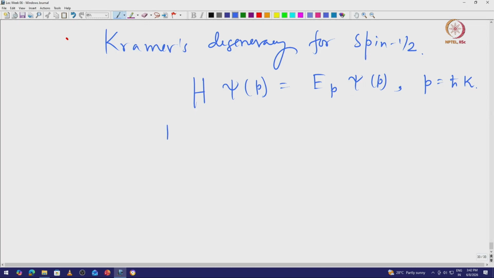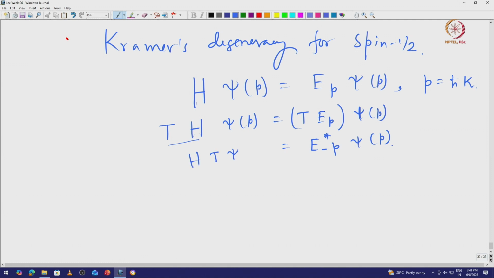Now, if I apply the time reversal operator, or let me even do it this way, T on H psi P, this one is supposed to give us E star at minus P, psi at minus P, and here they commute and energy eigenvalues are real.